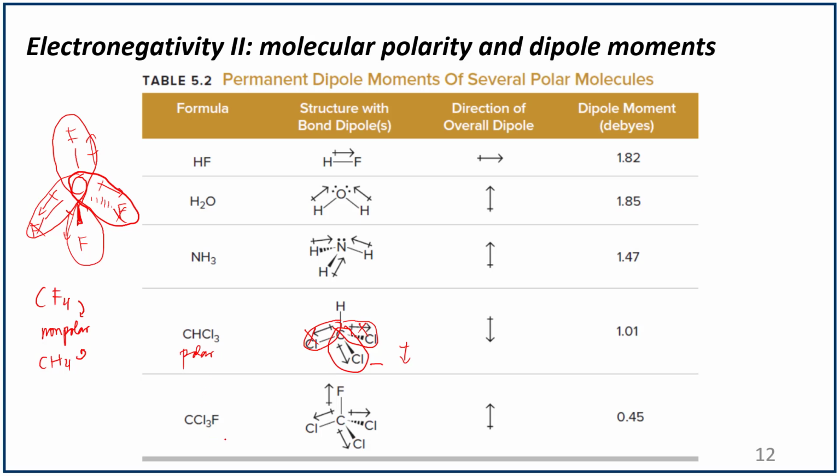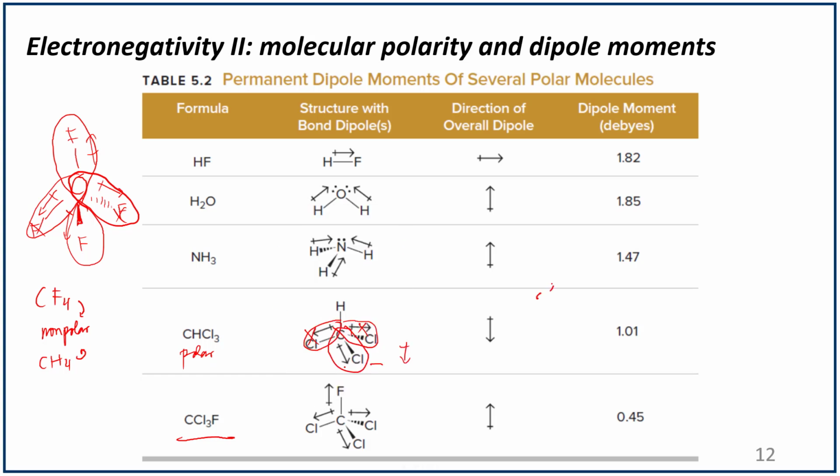And therefore, trichloromethane is a polar molecule. The same thing can be said for this molecule. If instead of having 4 chlorines, you have a fluorine, then these bonds, remember, will cancel each other out since they're pointing in opposite directions. Now, you have a carbon-fluorine bond and a carbon-chlorine bond pointing in opposite directions. You have to think about which between fluorine and chlorine has a higher electronegativity.